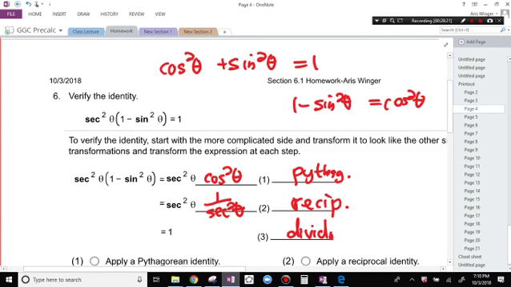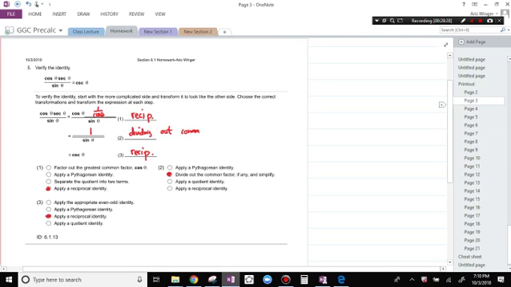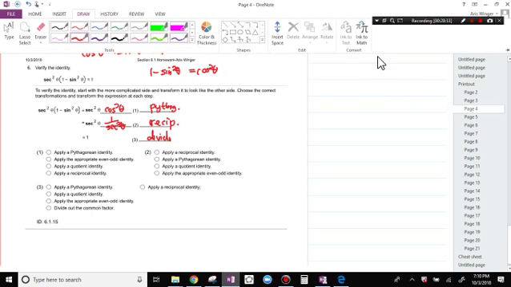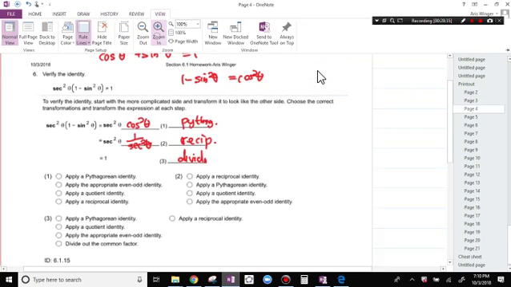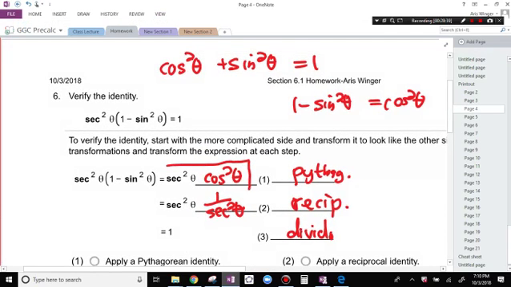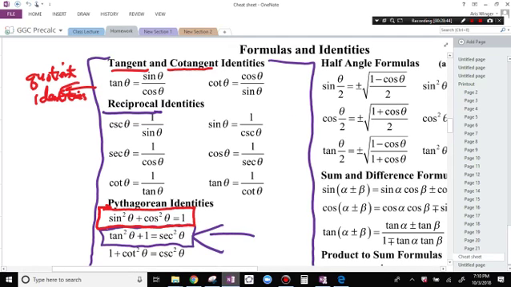So secant squared. Let's go to the cheat sheet. So let's go back. You're going to be here, and you're going to be like, okay, what do I do now? And at this point, when you look at the cheat sheet enough, you'll see that secant and cosine are supposed to flat out cancel each other out.